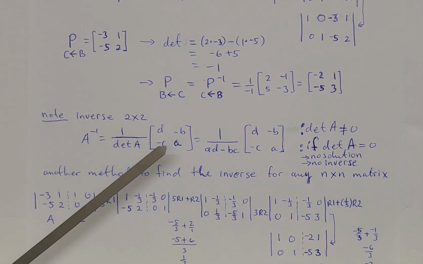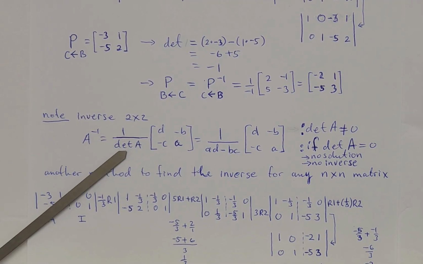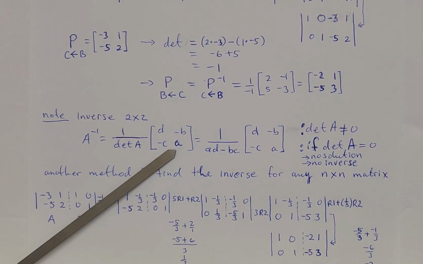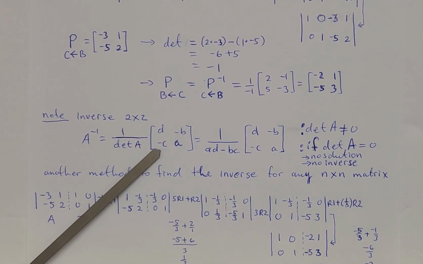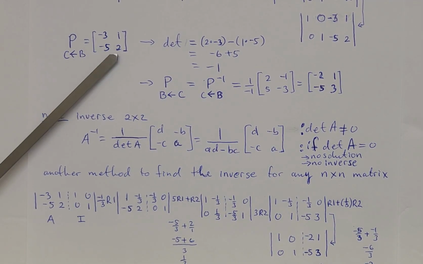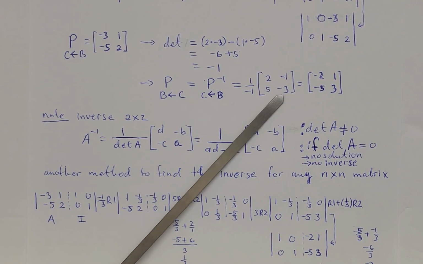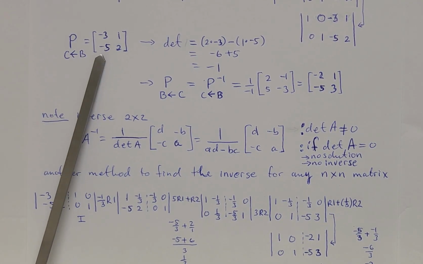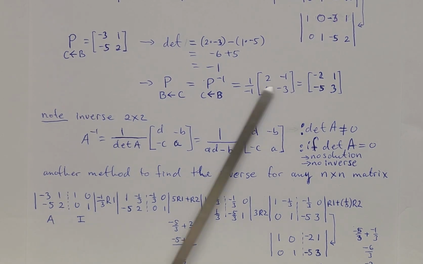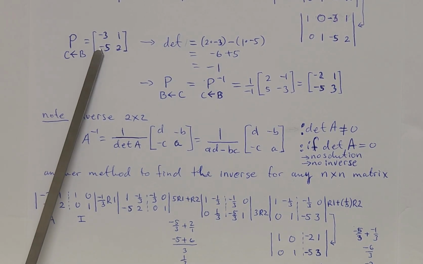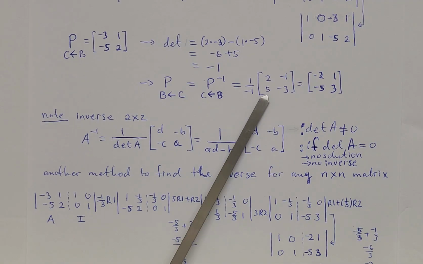The formula is 1 over the determinant times the matrix with A and D switched, and -B and -C. So this is my A, this is my D. Switch these two numbers: 2 here and 3 here. The 1 and the 5 get another negative, so 1 becomes -1, and 5 becomes +5.